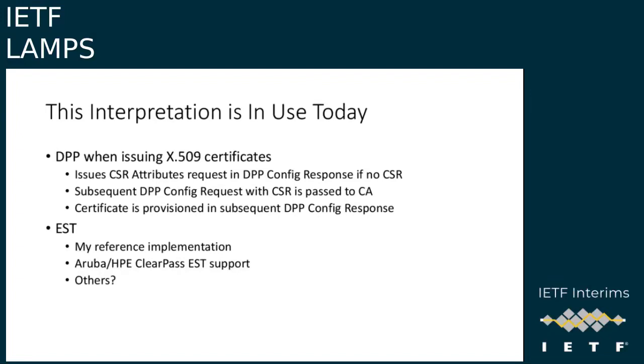So DPP does this, and of course EST does this. My reference implementation supports a pretty complete parsing of everything that I thought was relevant to a CSR. So next slide, please.